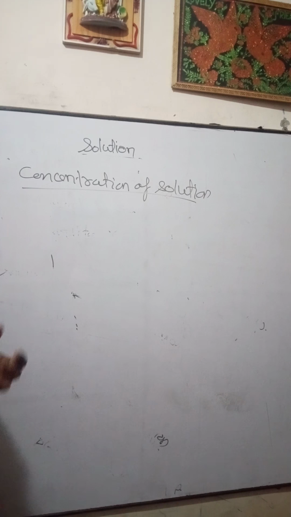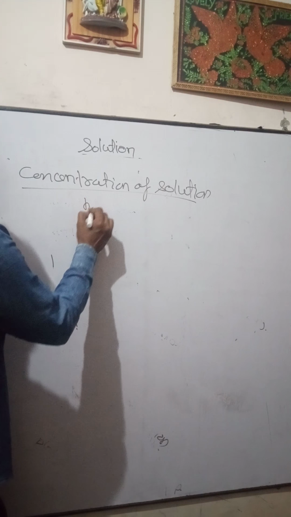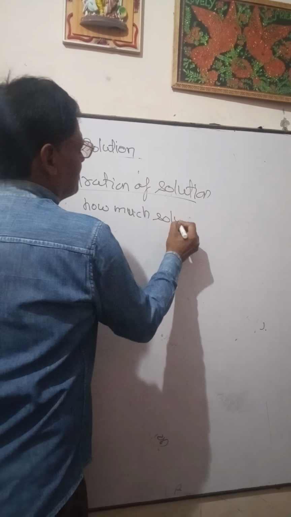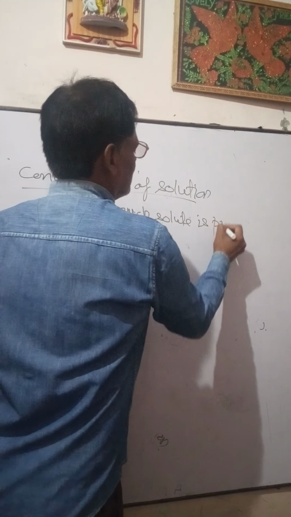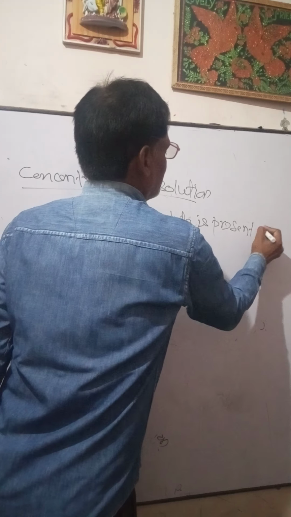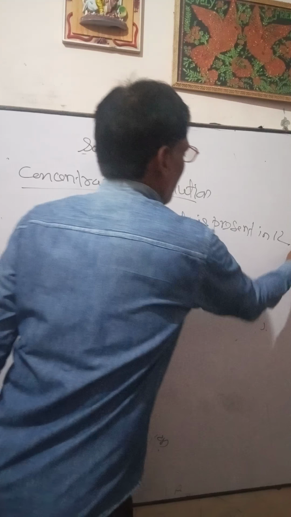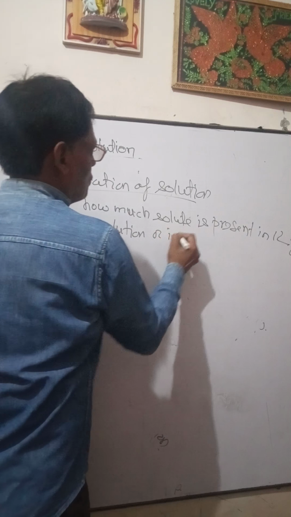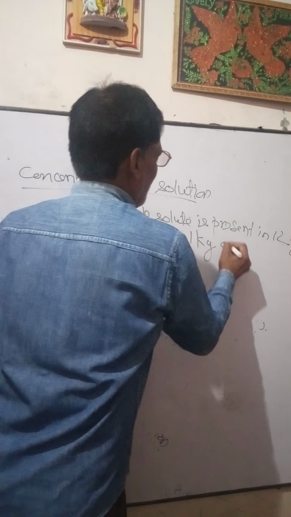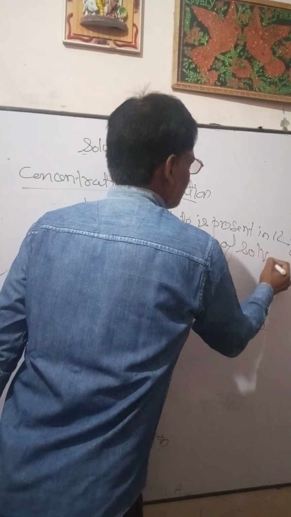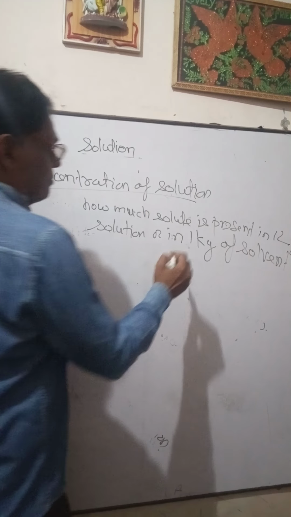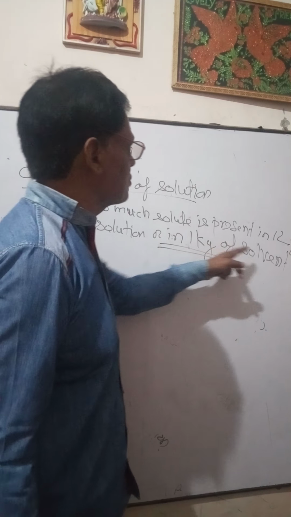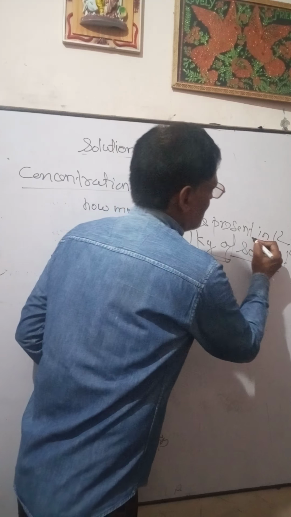Concentration of solution simply gives the idea of how much solute is present in 1 liter of solution or in 1 kg of solvent. This thing should be taken with utmost care.